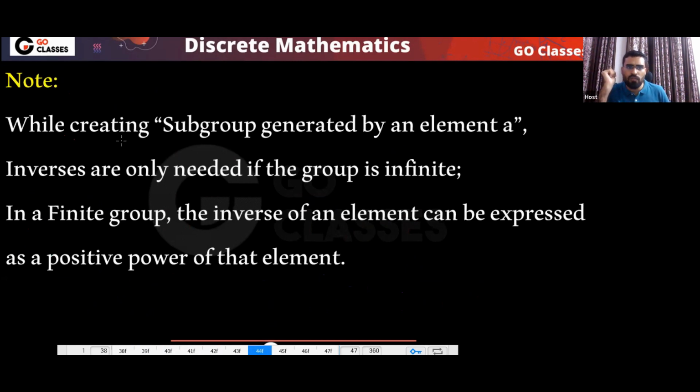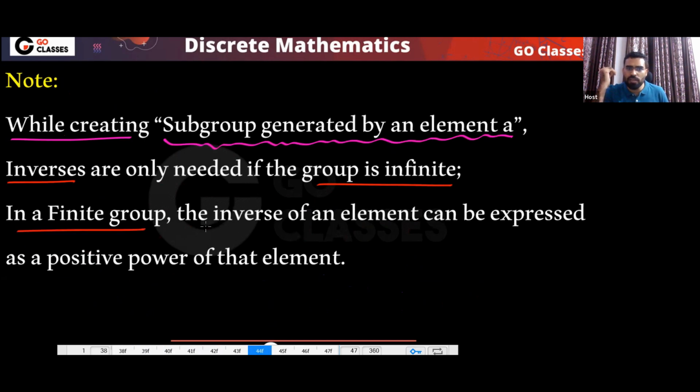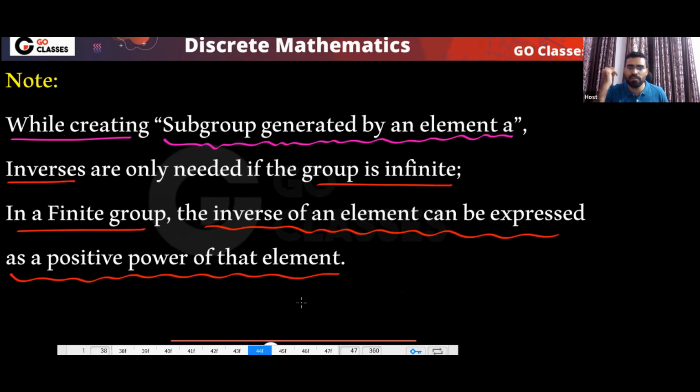So now you can notice, while creating a subgroup generated by an element, inverses are only needed, that is, you have to go to the negative side only if the group is infinite. If you have a finite group, then the inverse of an element can be expressed as a positive power of that element. This line is important.